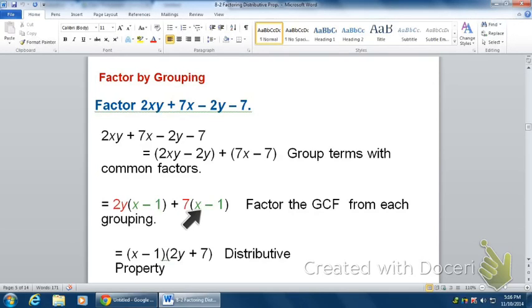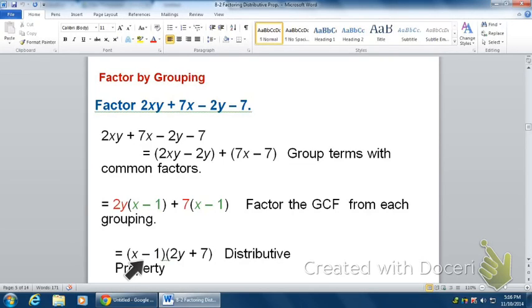Now notice what we have in green. We have the same exact thing. I got an x minus 1 here, I got an x minus 1 here. So, to factor by grouping, this is what you're doing. You're grouping your terms with common factors. They had an x minus 1 here, that's what they had in green.